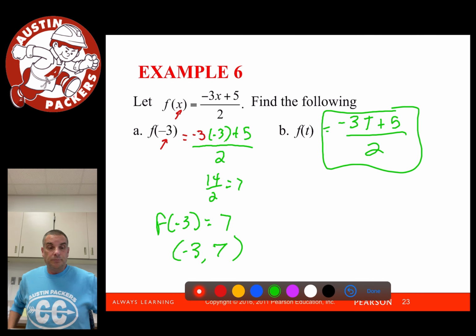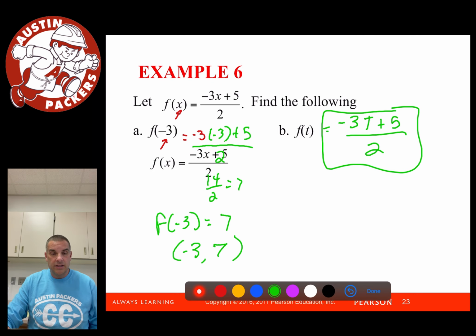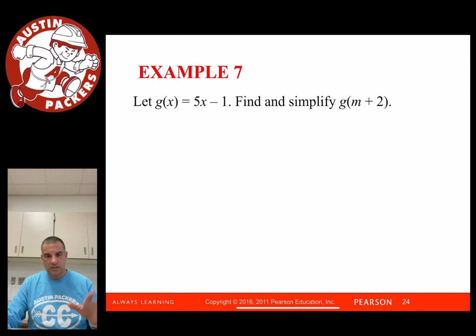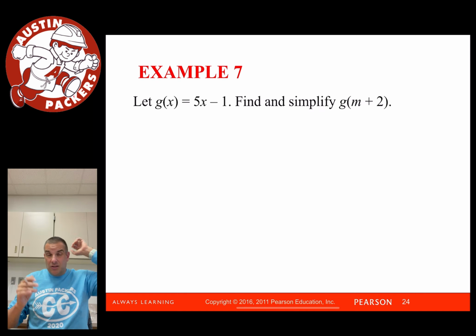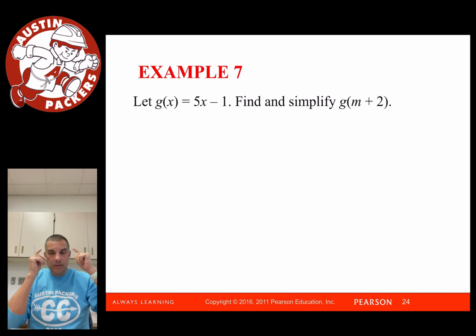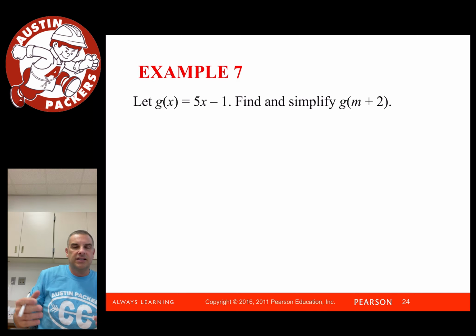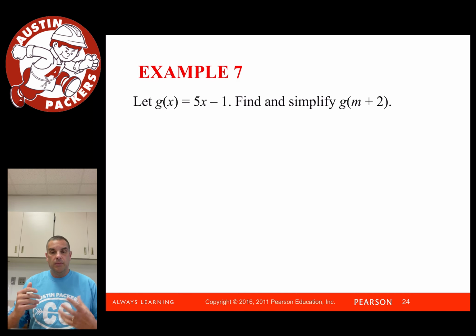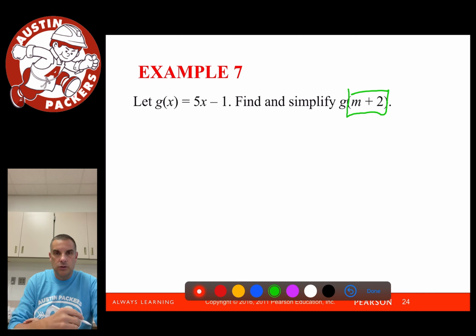So anyway, we can evaluate different functions. Again, keep in mind that if I have g of x is equal to 5x minus 1, and I'm asked to simplify g of (m plus 2), this m plus 2 is now going to be my input instead of x.